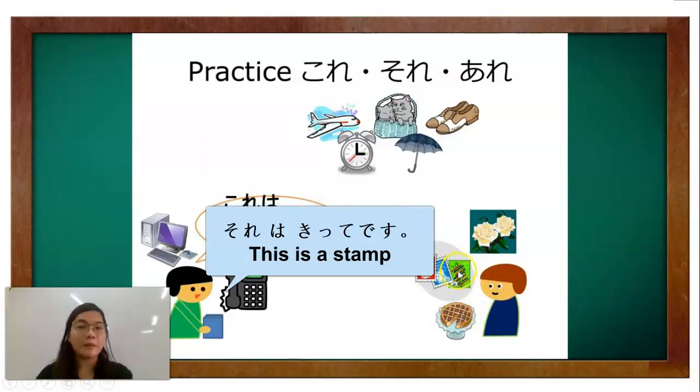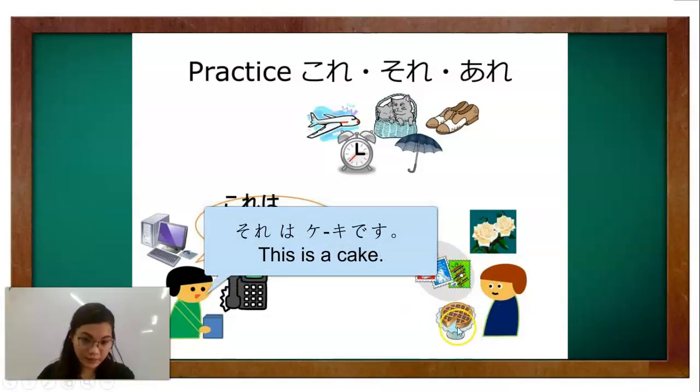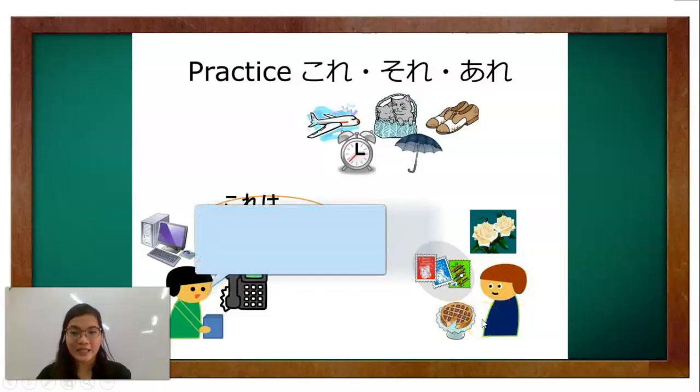You can say stamp is kitte. Sore wa kitte desu. And next is cake. So sore wa keki desu.